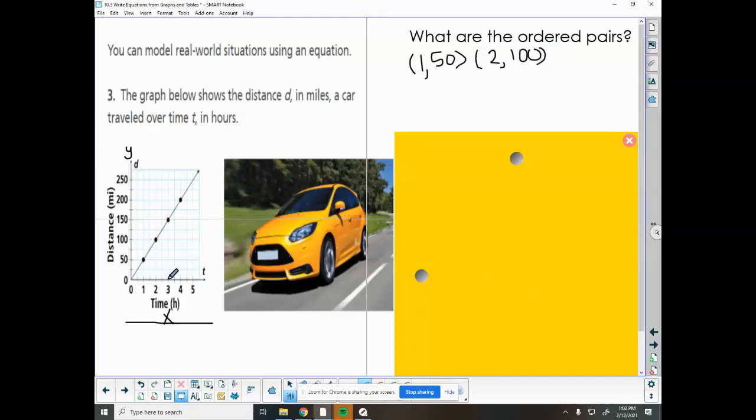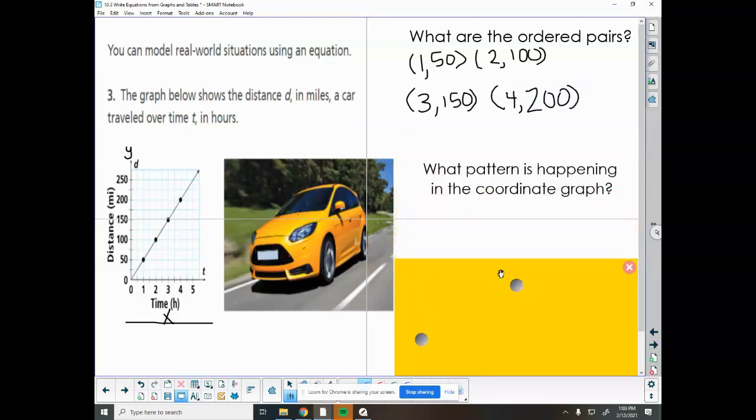Then 3 hours is 150 miles. And then 4 hours is 200. We always use that x across, then go up, to 200 here.